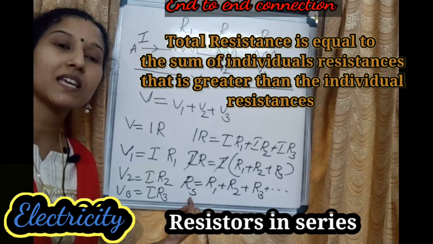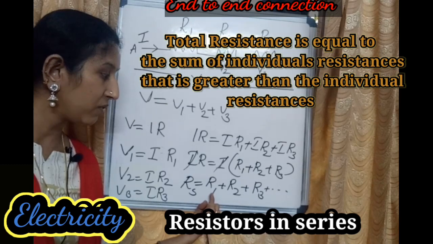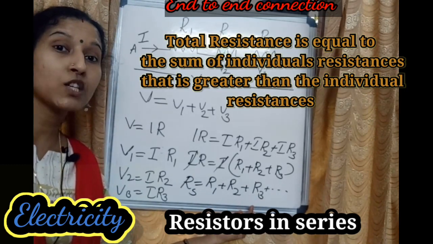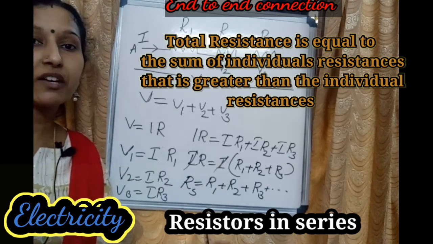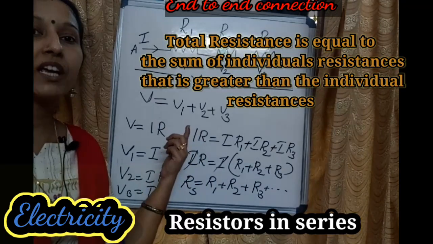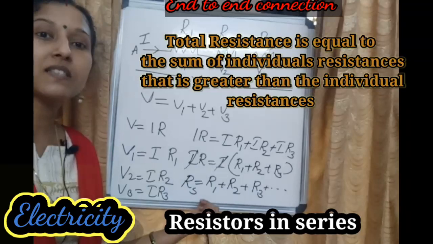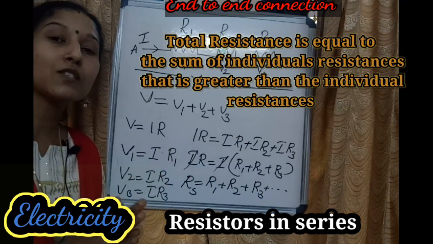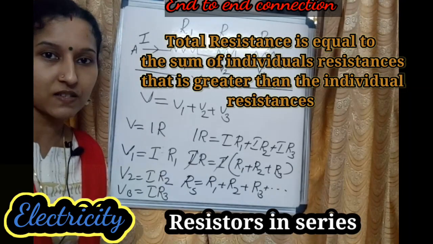Total resistance is equal to the sum of individual resistances, and this sum is always greater than the individual resistance. For example, if R1 equal to 5 and the total resistance is 10, which is more, right? So total resistance is always greater than the individual resistance.